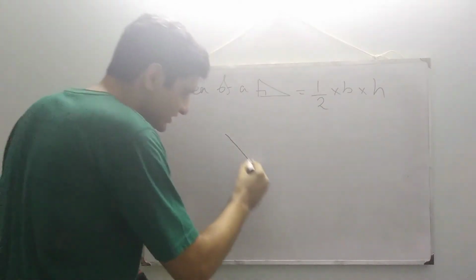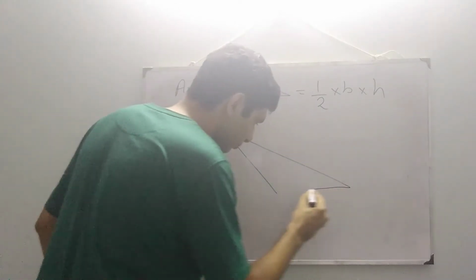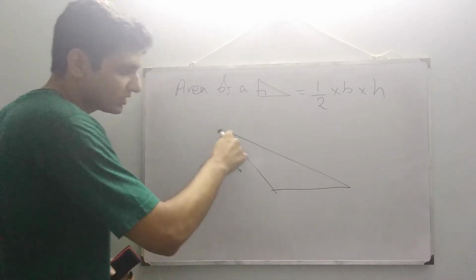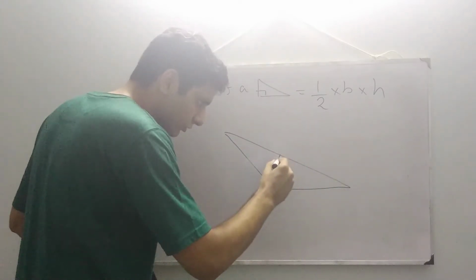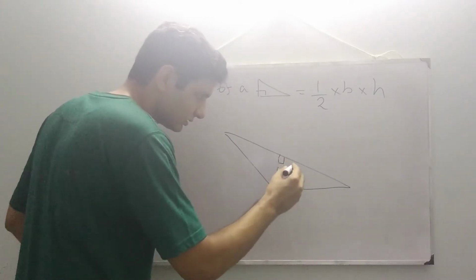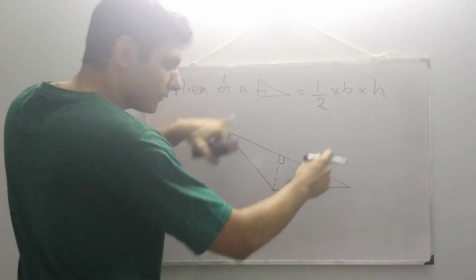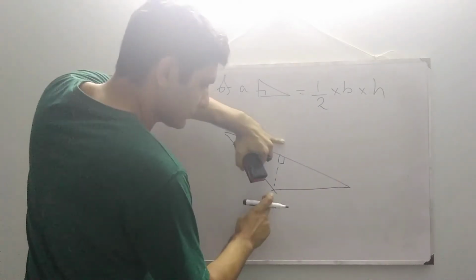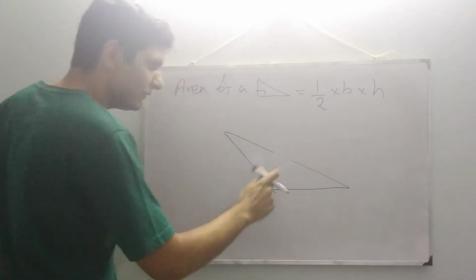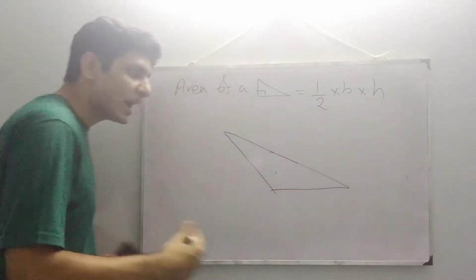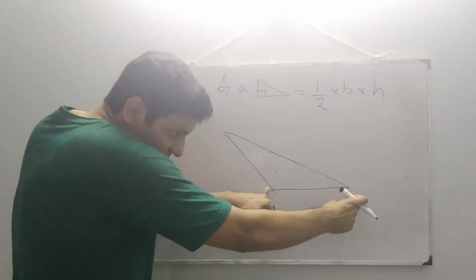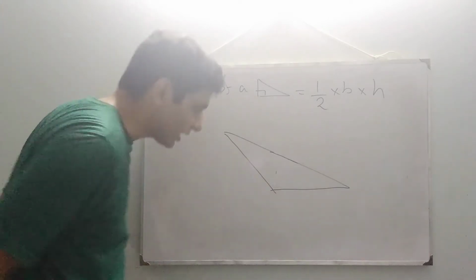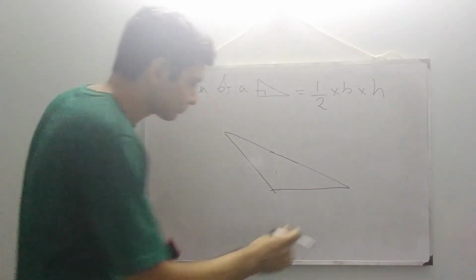But what about this triangle? Sure, if I call this the base, then I could draw the height like this. Then the area would be half times this base times the height. But if I am adamant that I want to use this as the base, can something be done about it? Oh, yes.